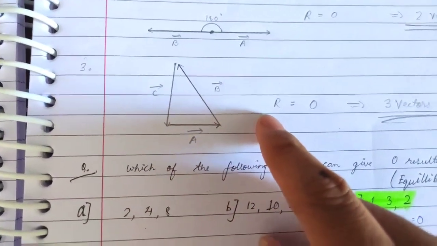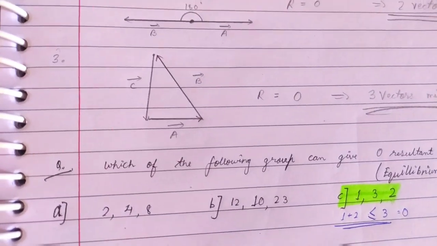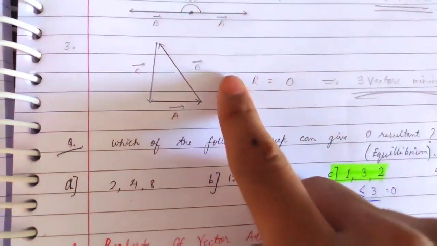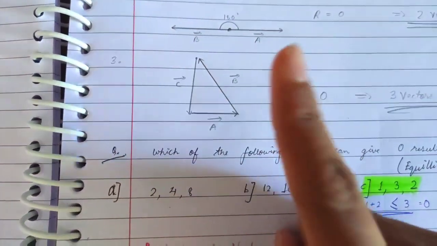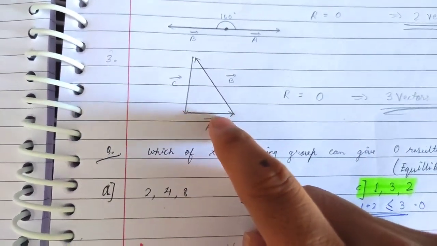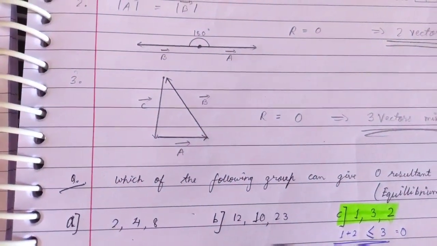Then the resultant is 0. We just studied the polygon law: if all the vectors are in the same order, then the resultant is 0 vector. So A plus B plus C, then R will be 0, and all of them must lie in the same plane. And a minimum of 3 vectors of different magnitudes are required to produce a resultant of 0.